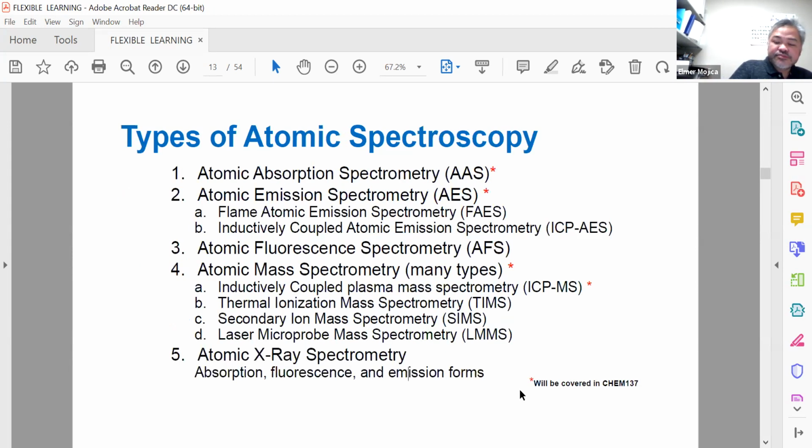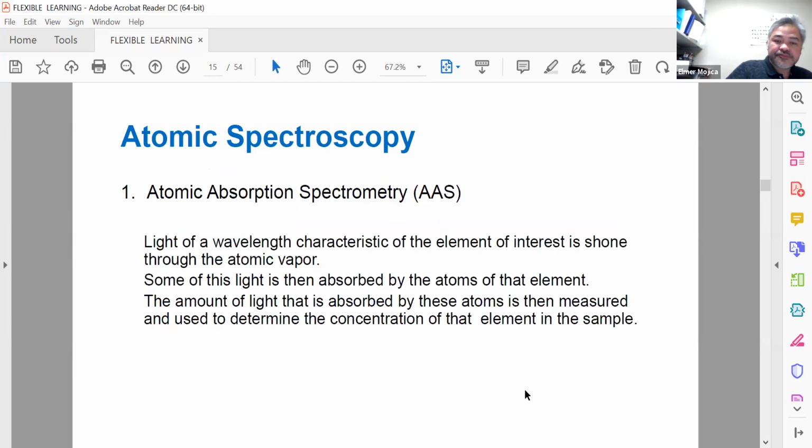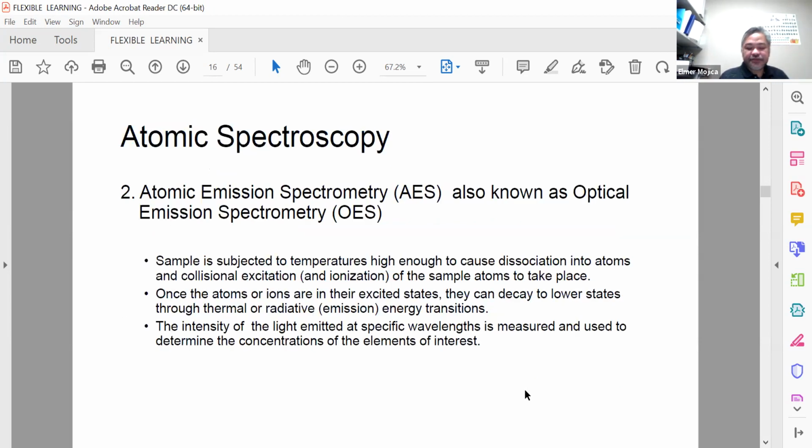Now, AES, or atomic emission spectrometry, is also known as optical emission spectrometry. The way it works, the sample is subjected to temperatures high enough to cause dissociation into atoms.